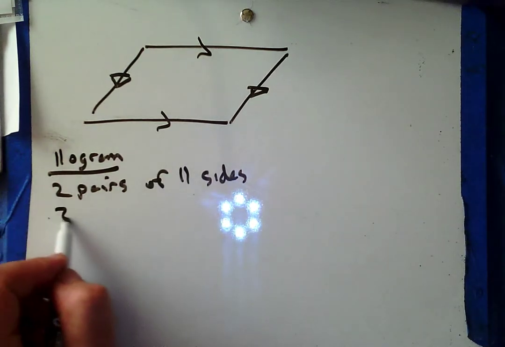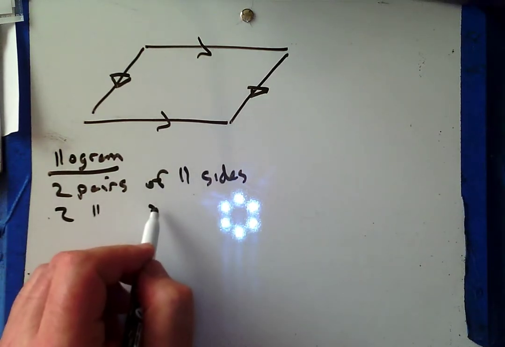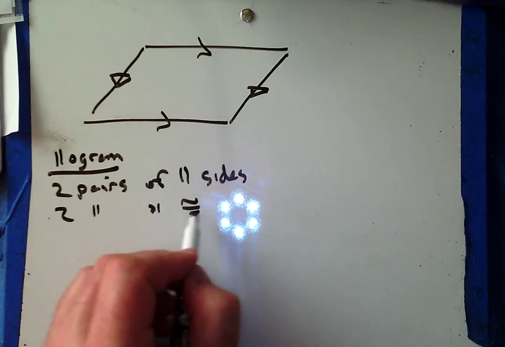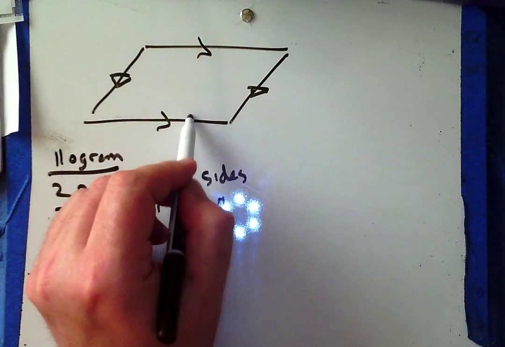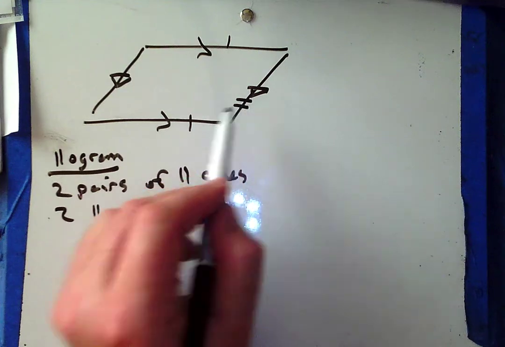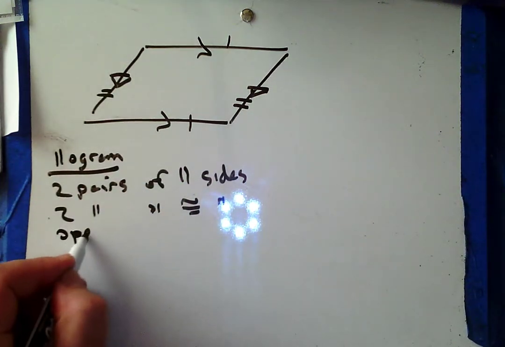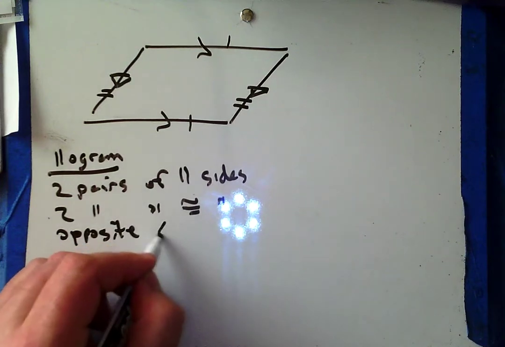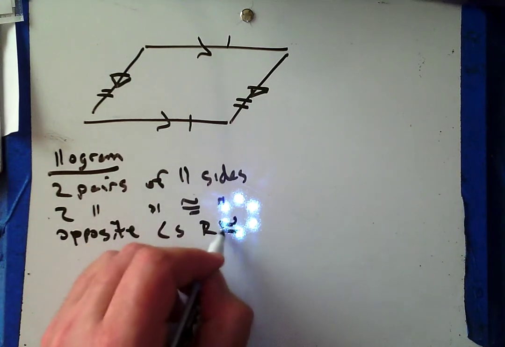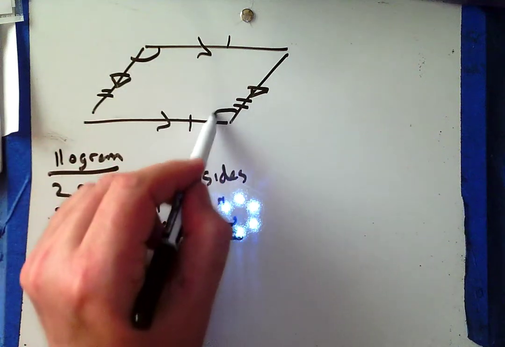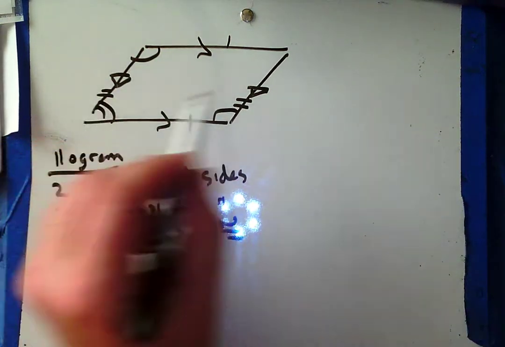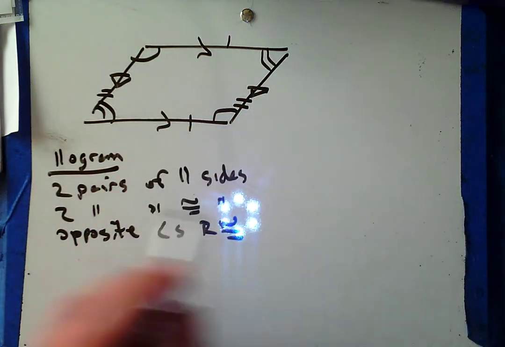We also know it has two pairs of congruent sides. So we know this is equal to this, and we know this is equal to this. We know that opposite angles are congruent. So this angle and this angle are equal, and this angle and this angle are equal.